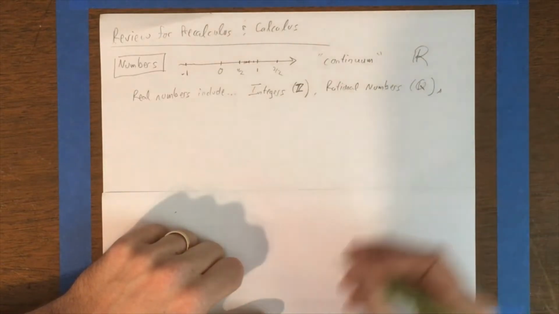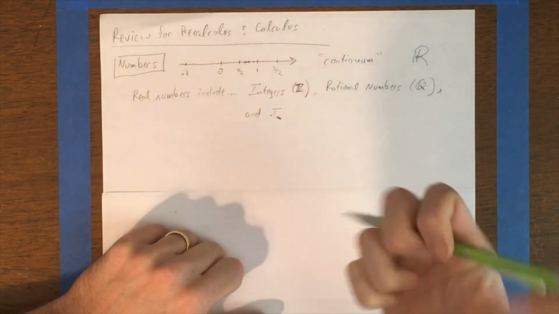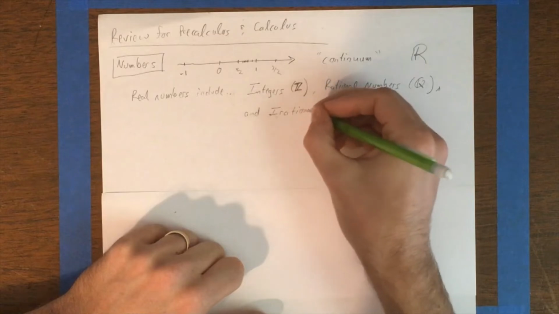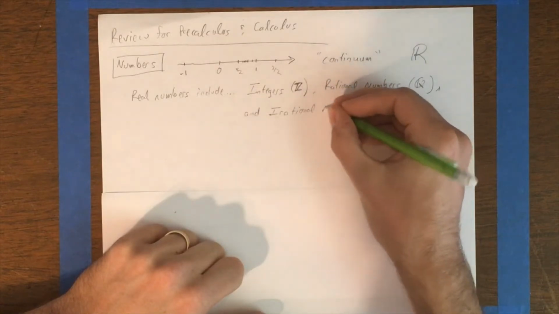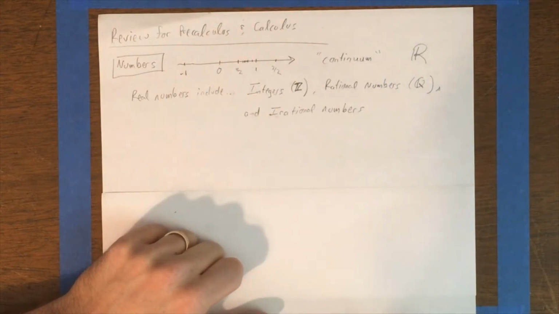But that is not all. We also have irrational numbers. Irrational numbers are the real numbers that are not rational. There's no particular set symbol for them. They are kind of weird, but also very abundant.